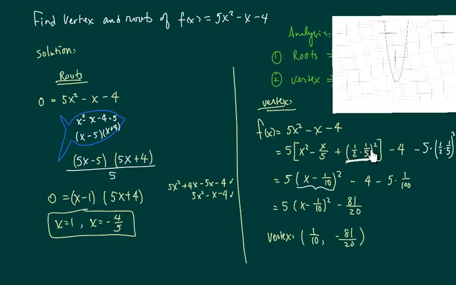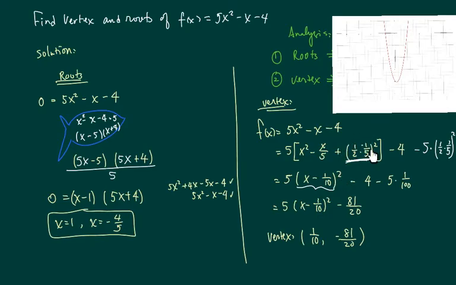The perfect square, this magic number, is half of whatever the coefficient in front of it is. Technically, I do have a minus sign, but since it's a square, it doesn't change anything for me. Now, once we have half of this coefficient here, square it, the combination of the 1, 2, 3 terms gives me a perfect square, which is x minus 1/10 squared.